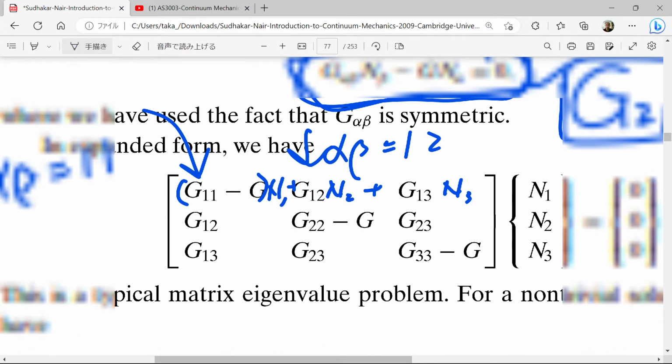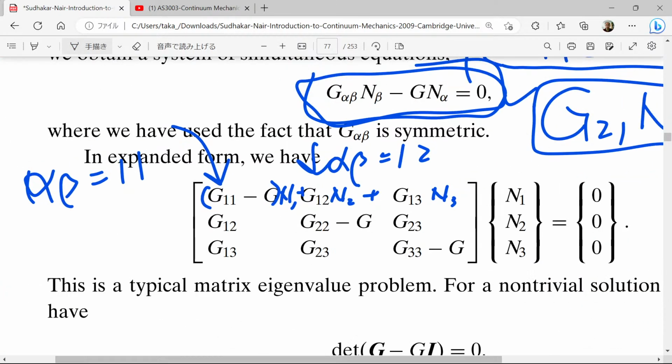So if you put alpha 1, so if alpha is 1, if this is 1, you have this term here, from here.